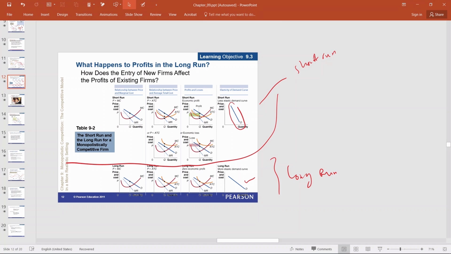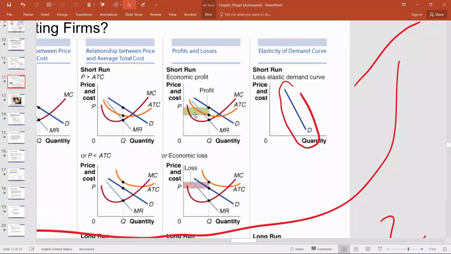So if you take each one of them, look at the point where marginal revenue equals marginal cost, and then you take the line hitting the demand curve, you will find that the cost is covered since price is greater than average total cost. So this means profits.